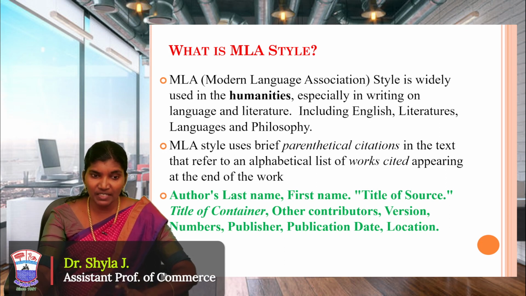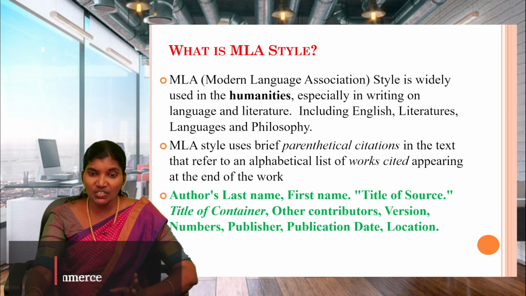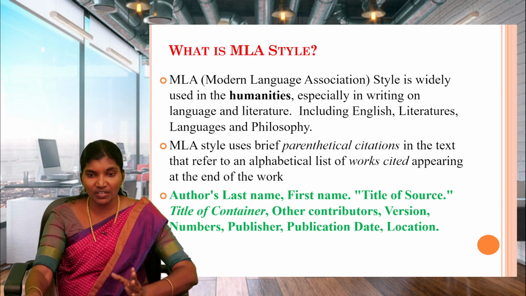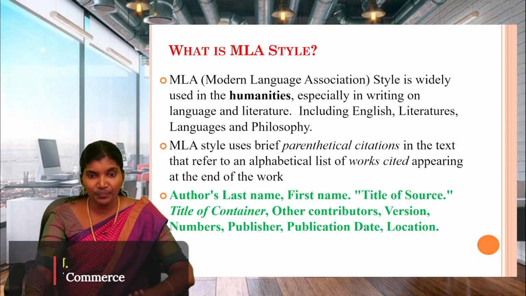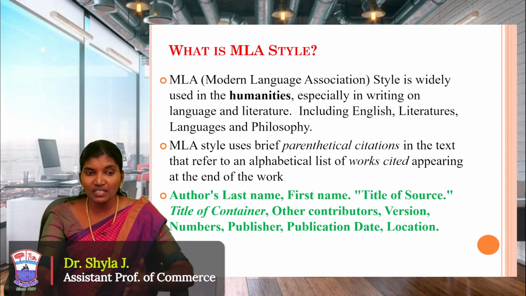So here the format is: author's last name you should mention first, then first name, and the title of source and title of container, other contributors, version, numbers, publisher, publication date, location. So in this format you have to write the reference details. In the previous APA format, after the author name we normally write the year of publication, but here the year of publication will be included in the last part of the reference.